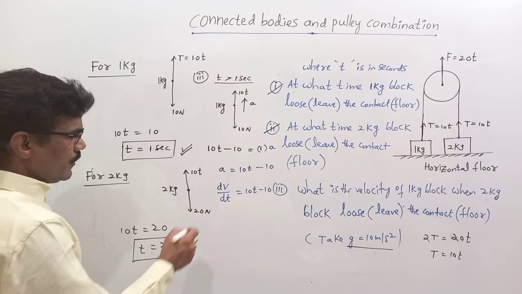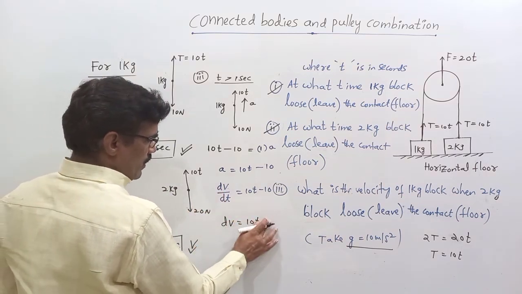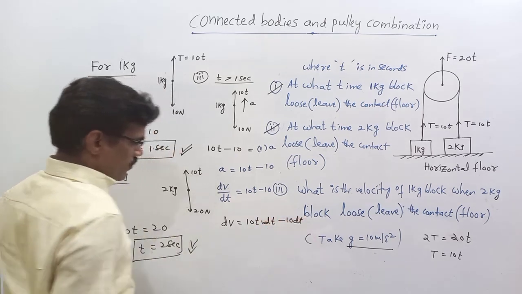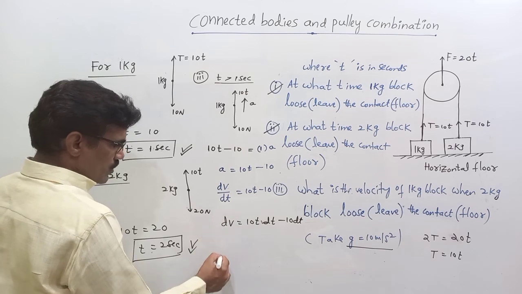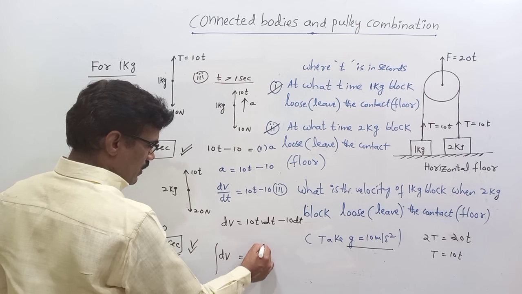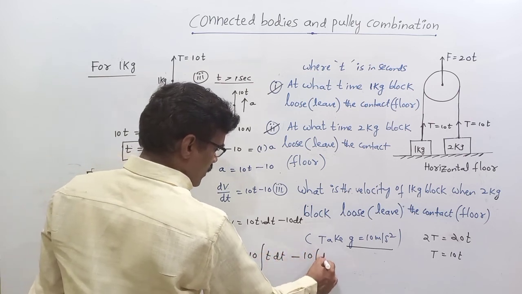So dv is equal to 10t dt minus 10 dt. Here integrate on both sides: integration of dv equal to 10 integration of t dt minus 10 integration of dt.